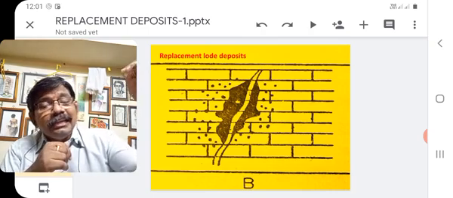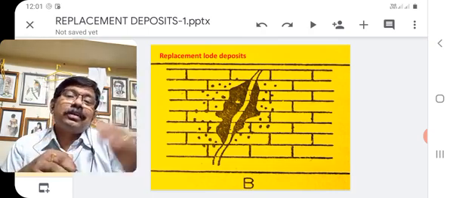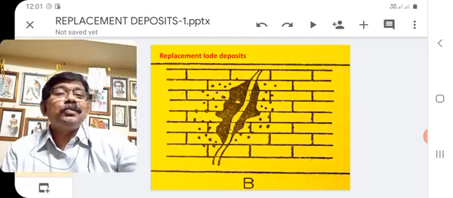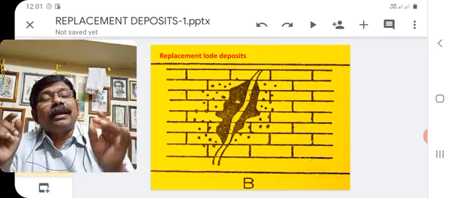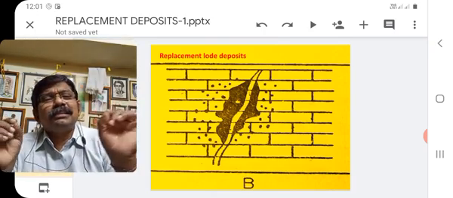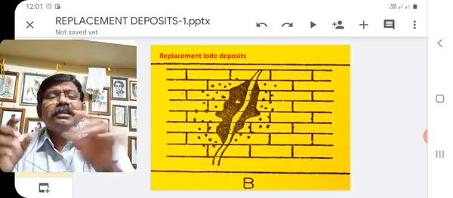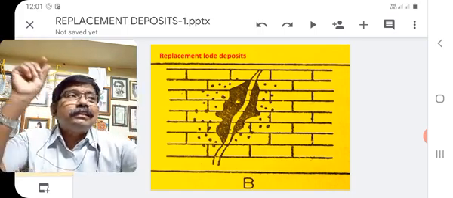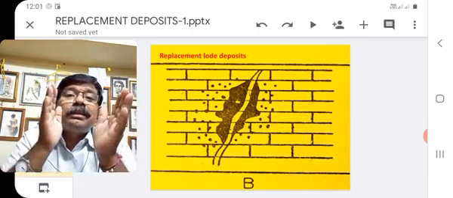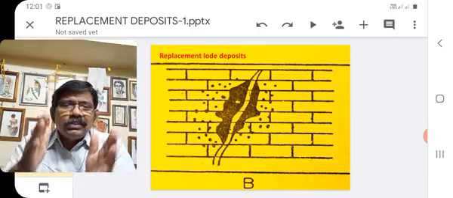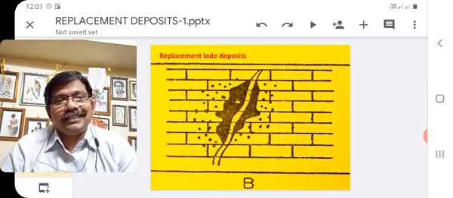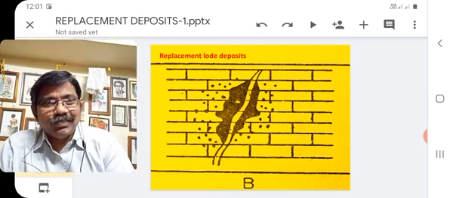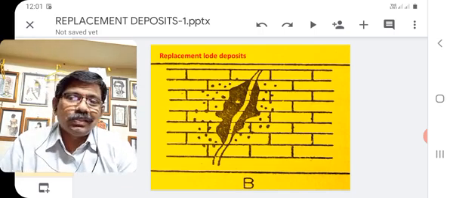When the solution enters the host rock by the fissure, it escapes into the permeable rock, and wherever the rock is a little more permeable, with porosity and permeability, it settles down in those areas. Whatever remains along the fissure consolidates and makes the load deposition, right?